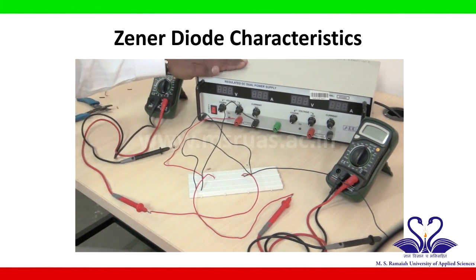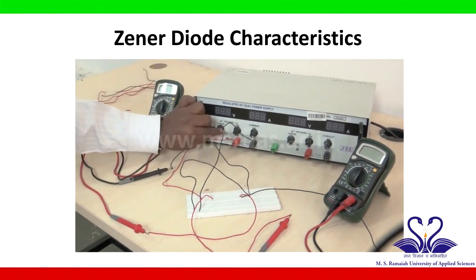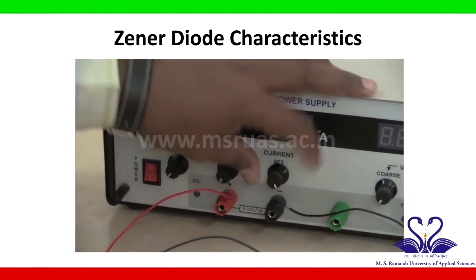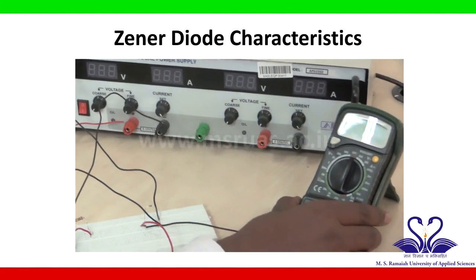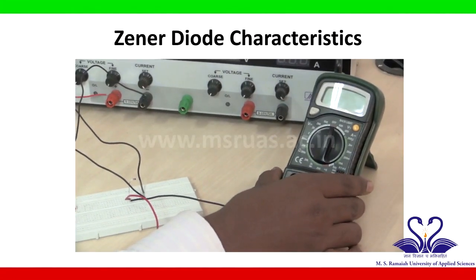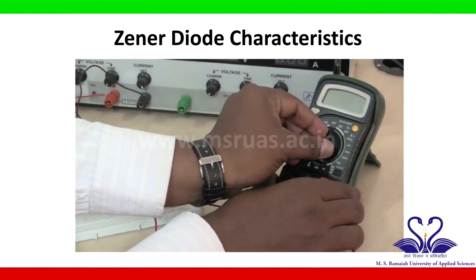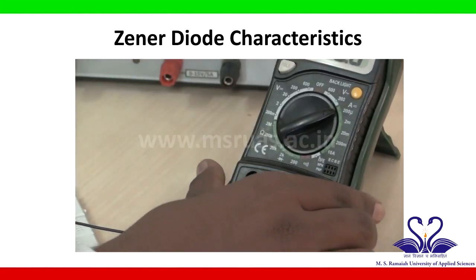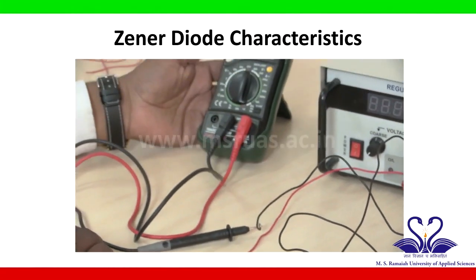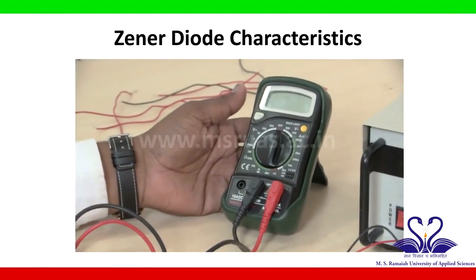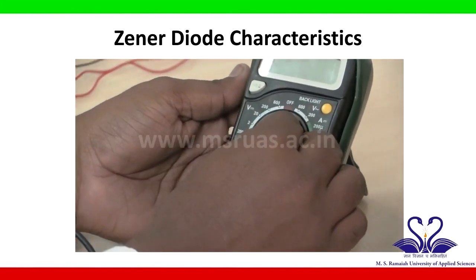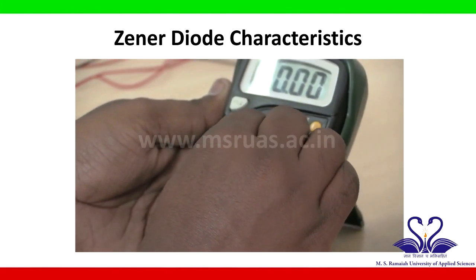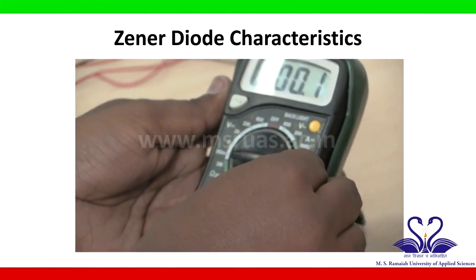Before turning on this dual DC power supply, you should keep the voltage at a minimum value and the current set to a maximum value. This multimeter, as we have used as an ammeter, bring this knob to the DC ammeter position, that is 200 micro, and this multimeter, as we have used as a voltmeter, bring this knob to the DC voltmeter position, that is 200 milli DC volts.